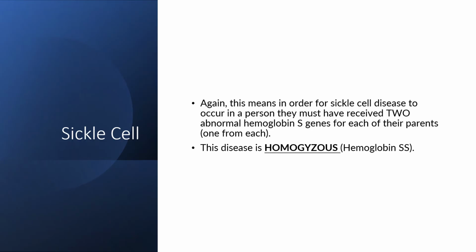This means in order for sickle cell disease to occur, this patient would have inherited the 2 abnormal hemoglobin S genes, one from each of their parents, so they now have homozygous hemoglobin SS.